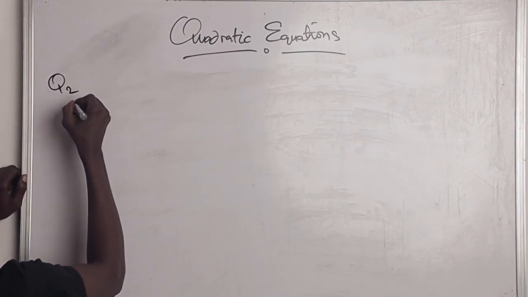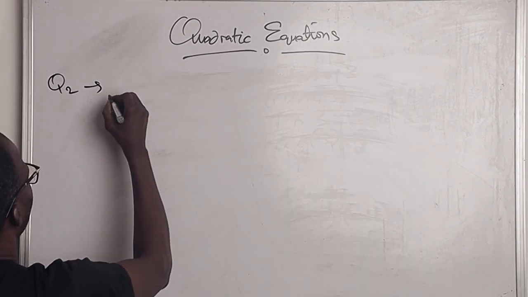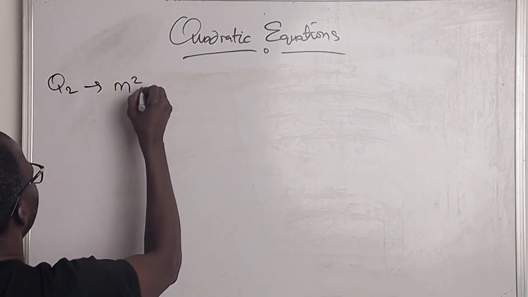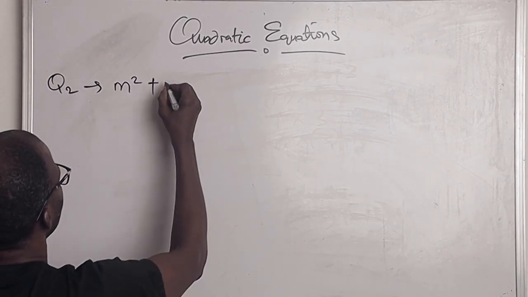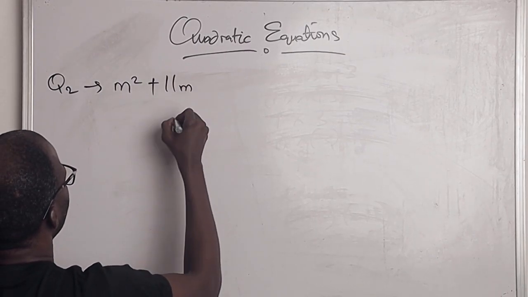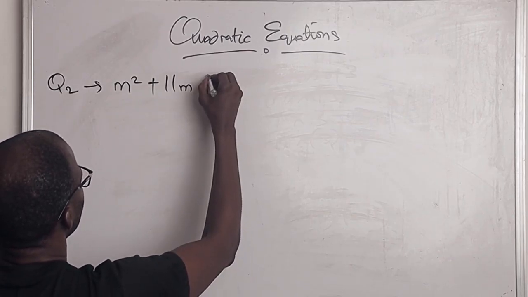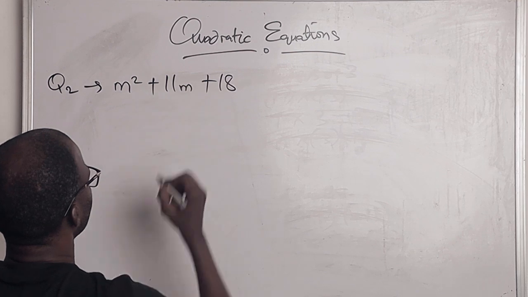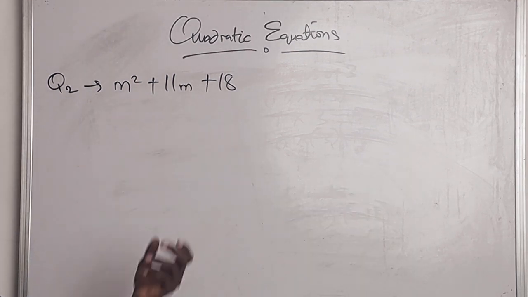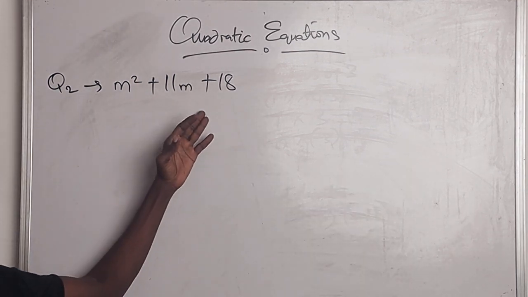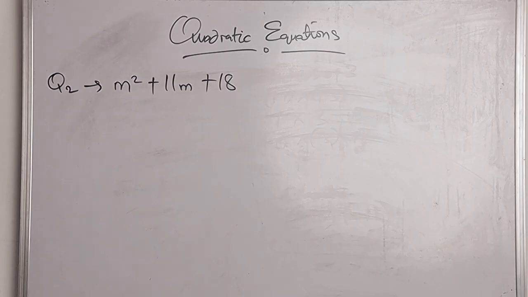So in question 2, we have m squared plus 11m plus 18. This is just similar to the first equation that we just saw. So these are very simple quadratic equations.